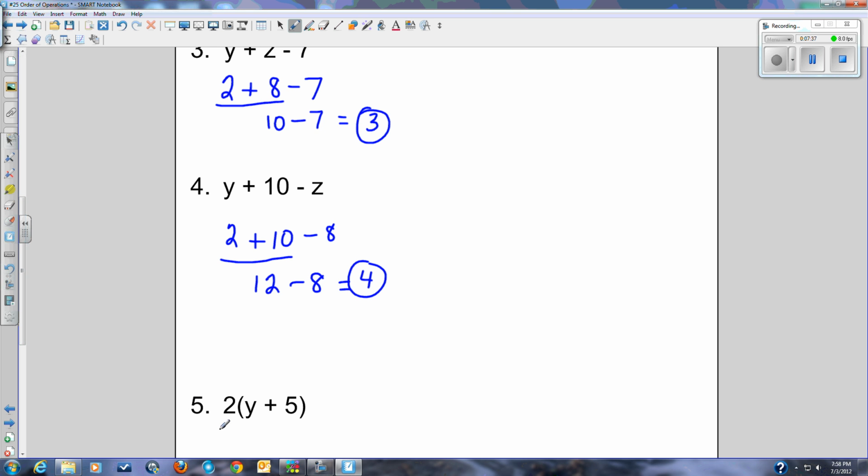Next, we have 2 times, in parentheses, y plus 5. In fact, you can even put a little multiplication symbol here if you would like, just to remind you, whenever you don't have anything between a number and parentheses, or a number and a symbol, or a number and a variable, it's multiplication.